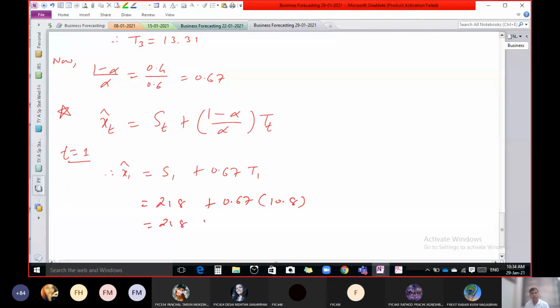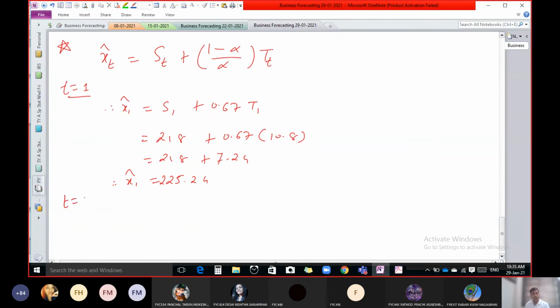So 218 plus 10.8 into 0.67. The final answer is 225.24. That is the way to calculate X1 cap.